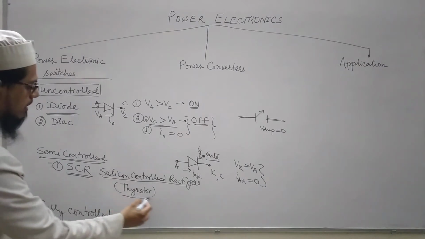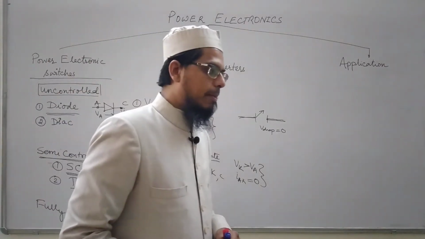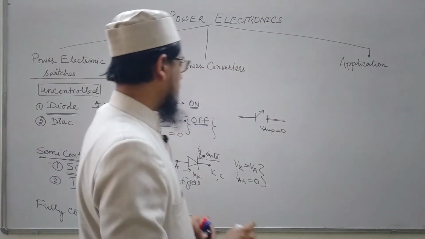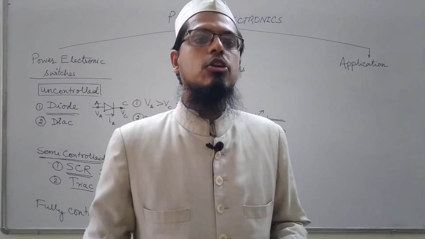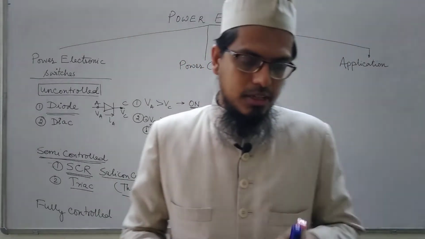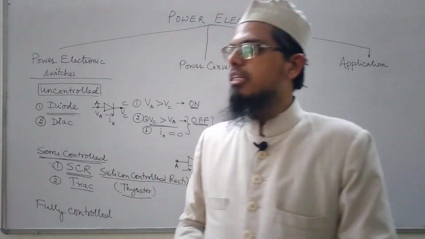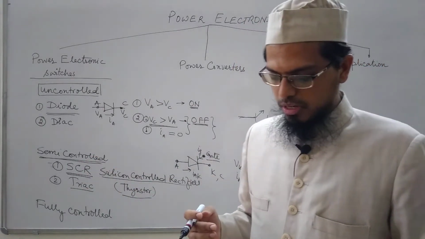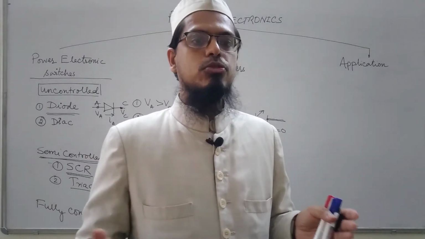Within this thyristor family, we also have the Triac. So we can control the turning on of the SCR in only one quadrant. I won't be going into the detail of the quadrant operation of SCR and Triac. Just for the sake of introduction, in Triac we can control it in the first as well as the third quadrant, so reverse current can also flow through the Triac.